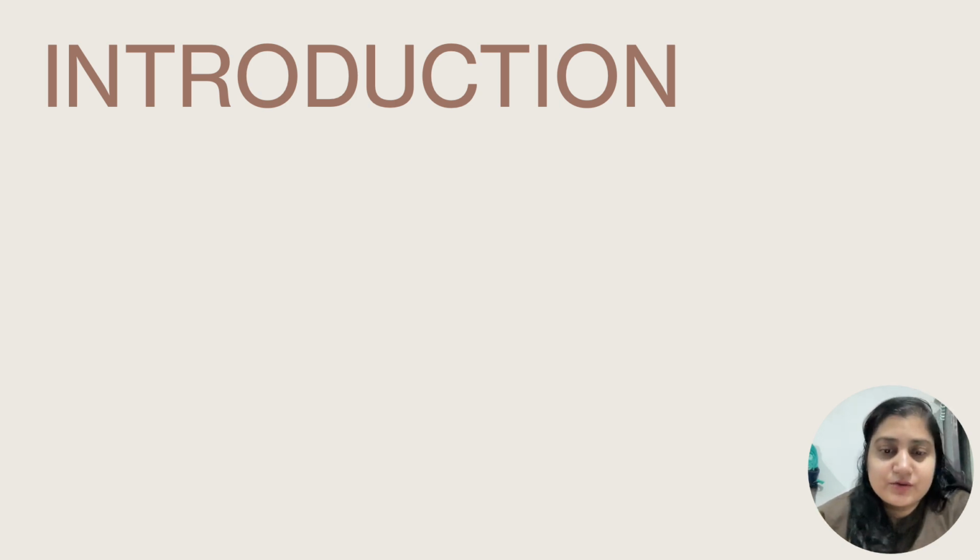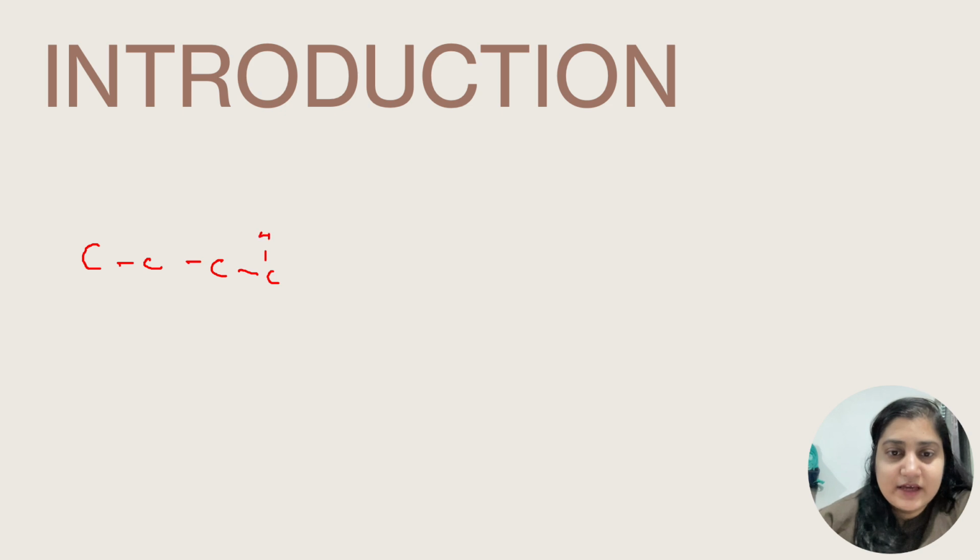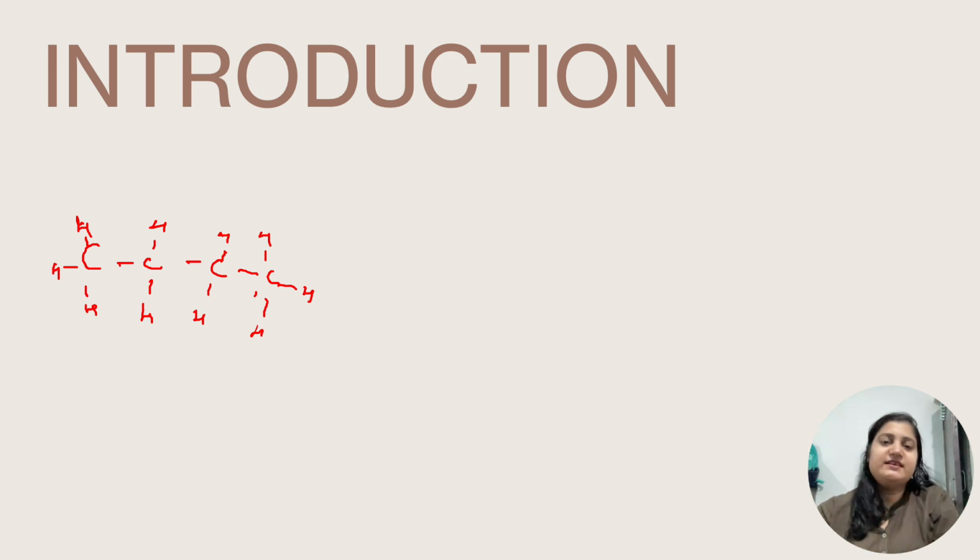What do we need to understand is, if there is a carbon chain, let's say it's C with H, H, H, H, H, H. Can you see this carbon is connected by single bonds?